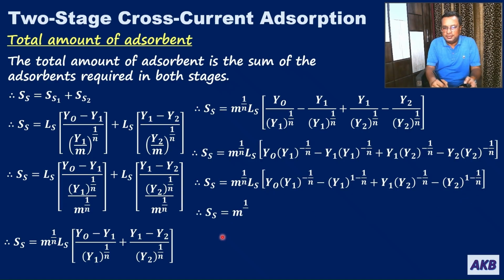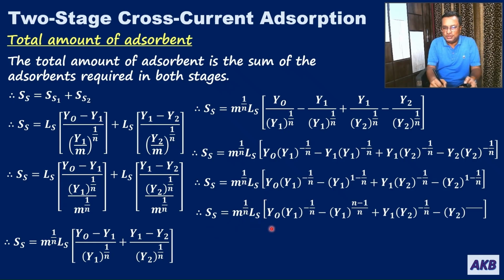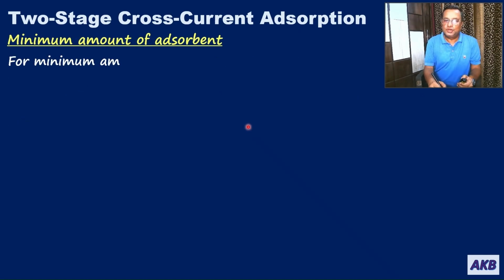Now in the next step, I will do more simplification. So SS is equal to m raised to 1 by n into LS into capital Y0 into capital Y1 raised to minus 1 by n minus capital Y1 raised to n minus 1 by n, simplification over here, plus capital Y1 into capital Y2 raised to minus 1 by n minus capital Y2 raised to n minus 1 by n, simplification over here. So we got an equation for SS.